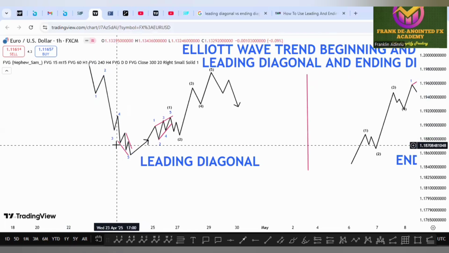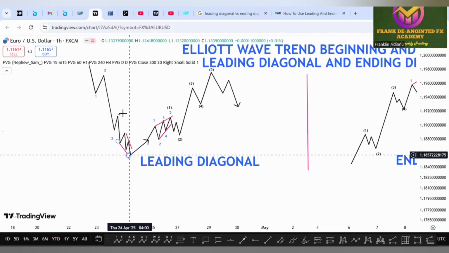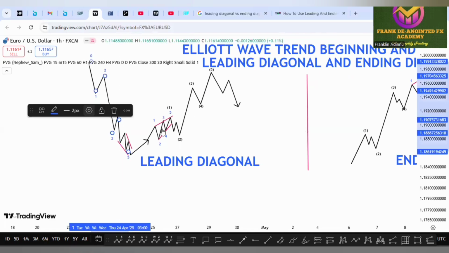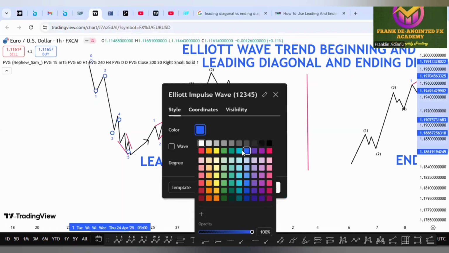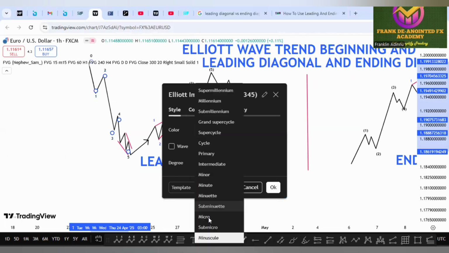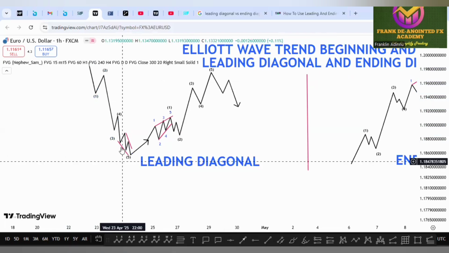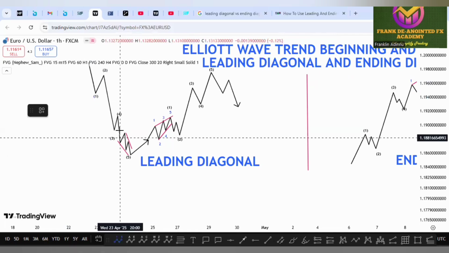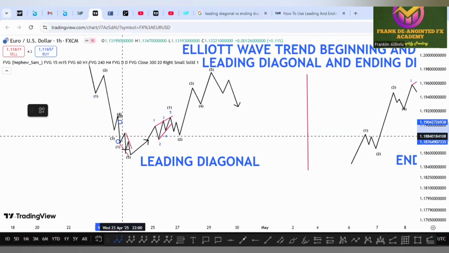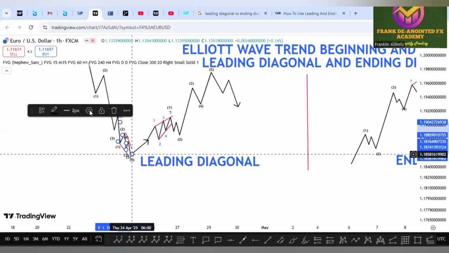You see that: 1, 2, 3, 4, 5. Okay, let's make it something like what we have so that it will be more appealing. We got it like the same thing.